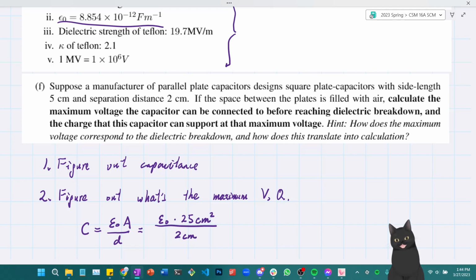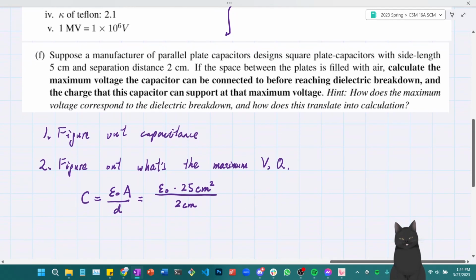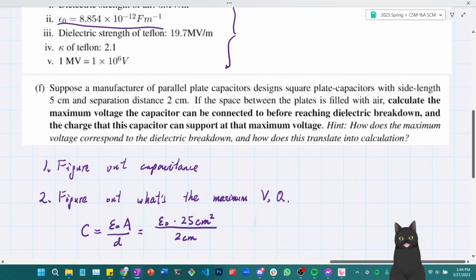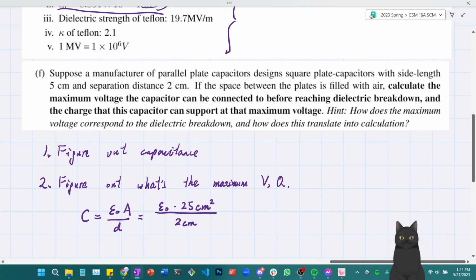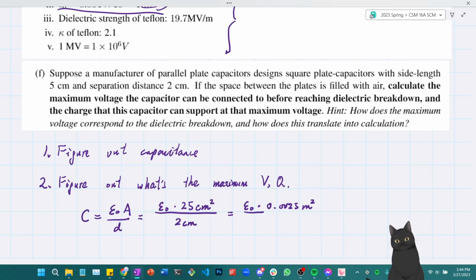I would like to convert this into meters squared later, so it's better to calculate with, and also because the epsilon naught unit uses meters instead of centimeters. So this is equal to 0.0025 meters squared over 0.02 meters.